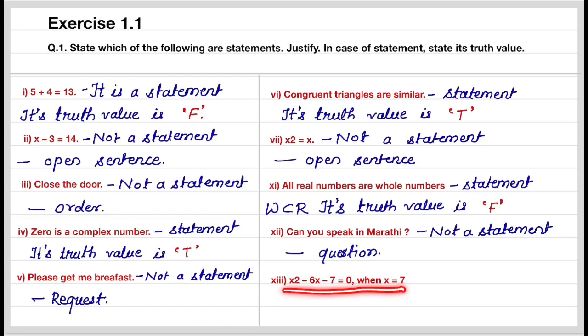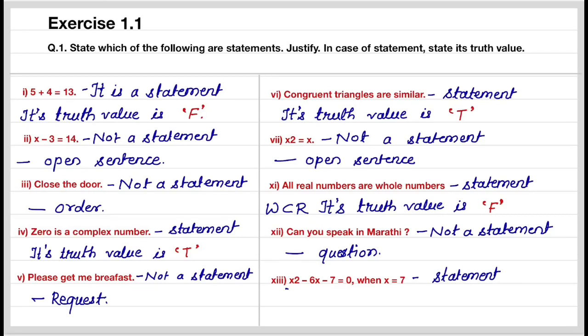x square minus 6x minus 7 is equal to 0 when x is equal to 7. It is also a declarative sentence. So it is a statement. And for its truth value, we have to substitute x is equal to 7 in this equation, and if we get LHS is equal to RHS, then it is a true statement, otherwise it is false.